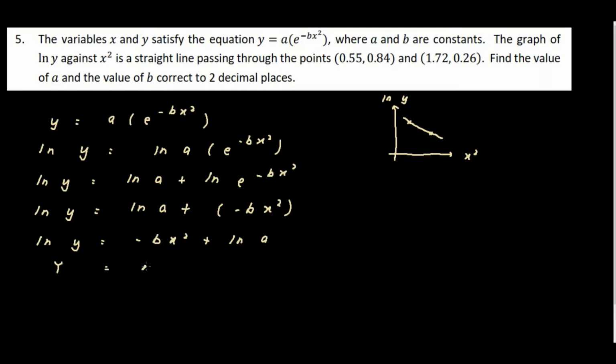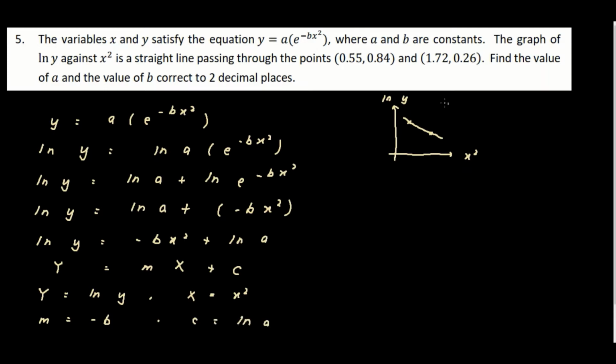Your gradient is represented by negative b, and your new x is x squared. Then your y-intercept is the natural log of a. So when you compare, your new y is natural log of y, new x is x squared, your gradient is negative b, and your y-intercept is natural log of a.